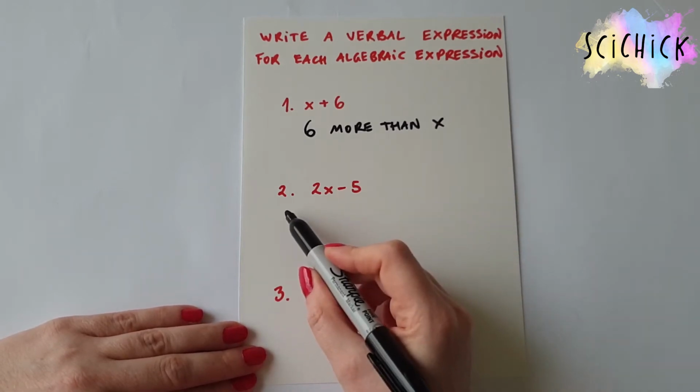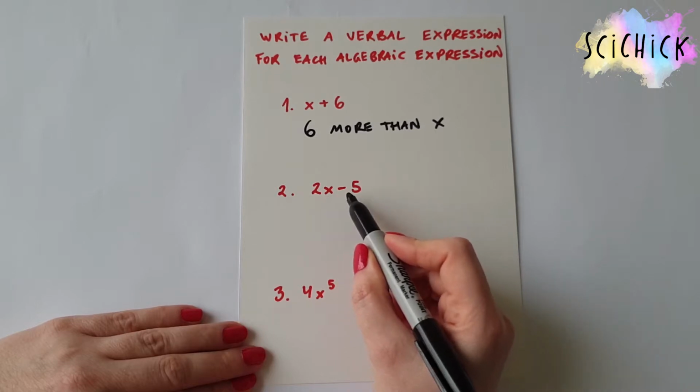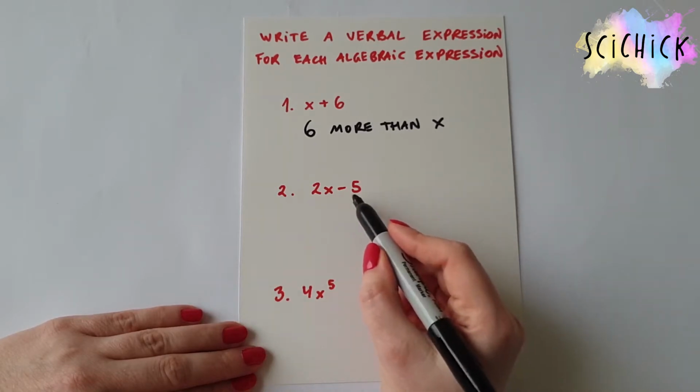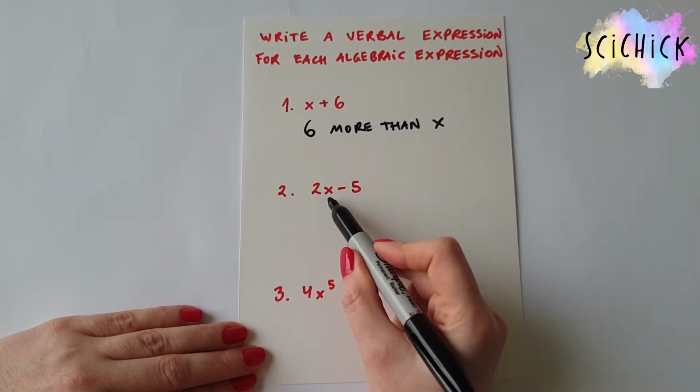Now, for number 2. 2 times x minus 5, or 5 less than the product of 2 and x.